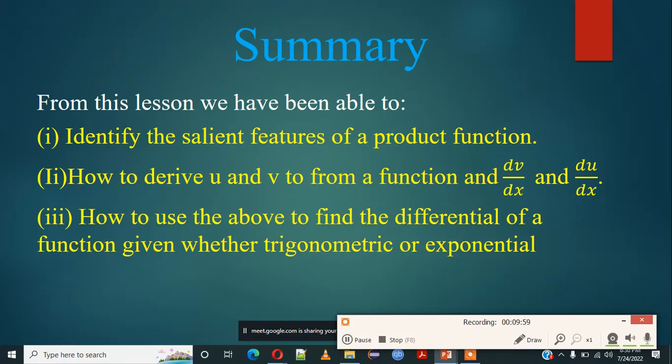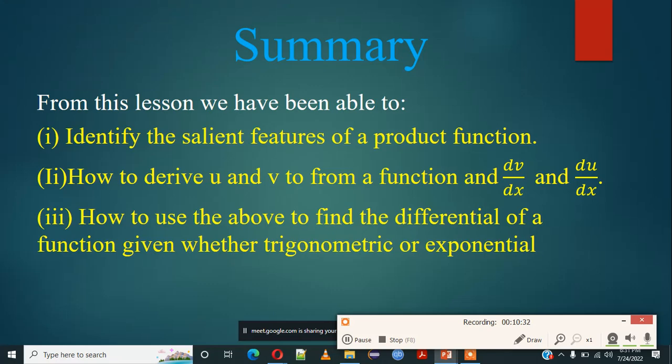Then from this, you are able to replace them into the formula, and then either open the bracket or factorize, and get the result of the question. The third one was how to use the first two above in order to get the differential of a function, whether it's a trigonometric or exponential function.